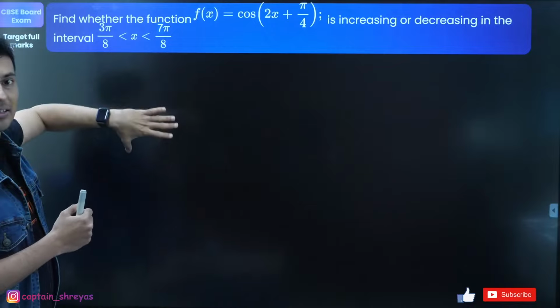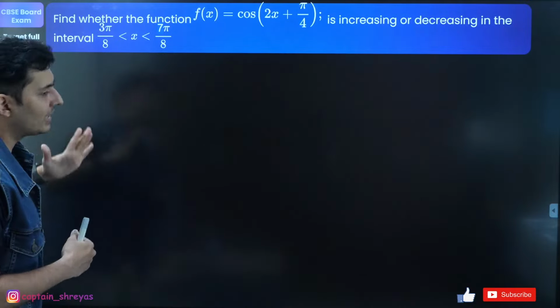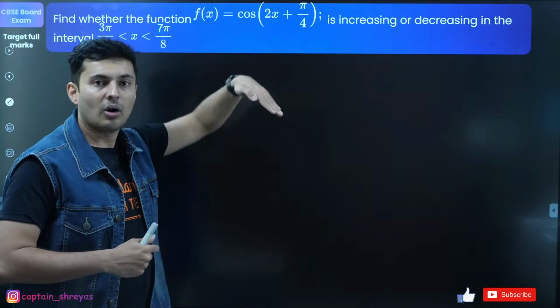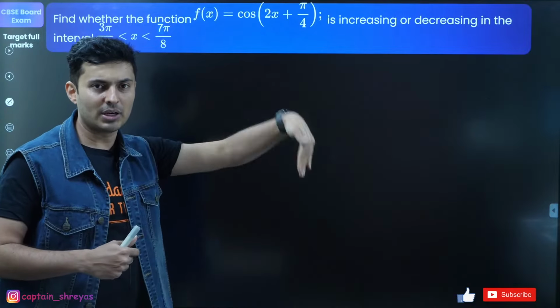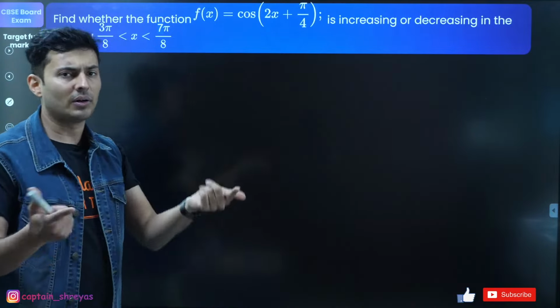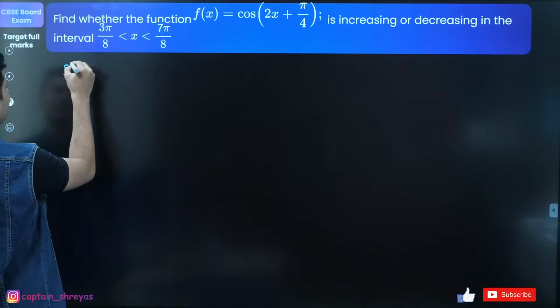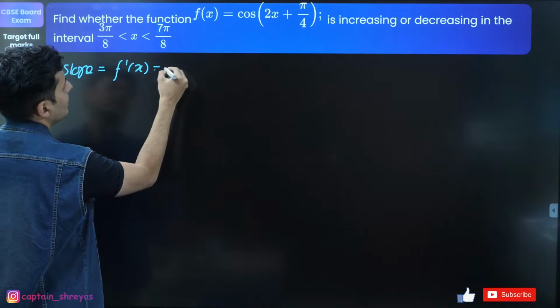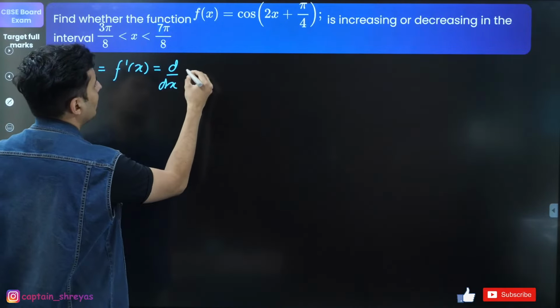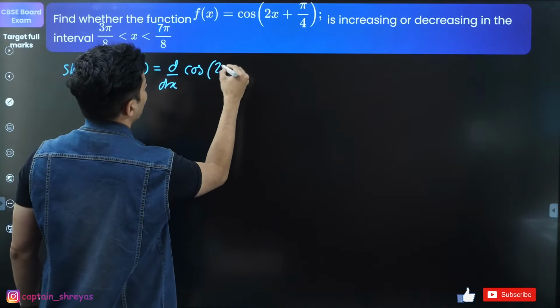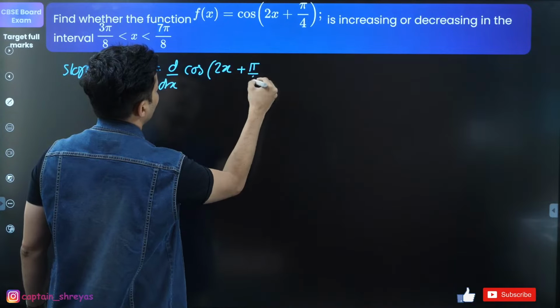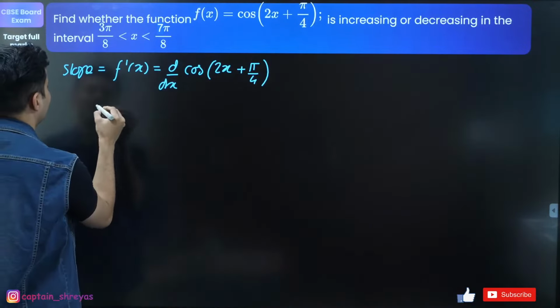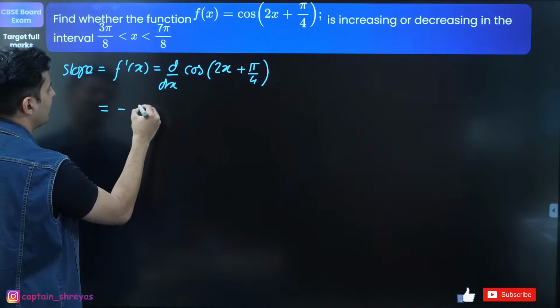So the best thing is find the derivative and see whether the derivative is positive or negative. Once you know whether the derivative is positive or negative, you know whether it is an increasing or decreasing function. So find the slope. The slope of the function will be f dash of x, which will be the derivative of cos of 2x plus pi by 4. So what is the derivative of cos? It is basically minus sine.